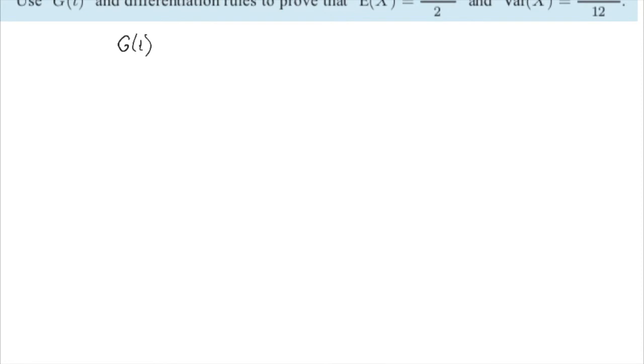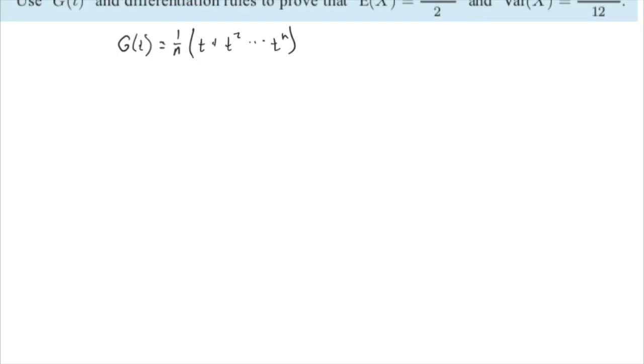So g of t equals 1 over n times (t plus t squared all the way up to t to the n). All right, I'm going to use the PGF and differentiation to prove the expected value and the variance. Okay?